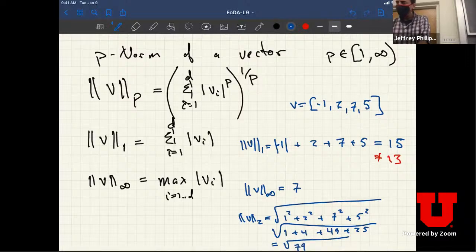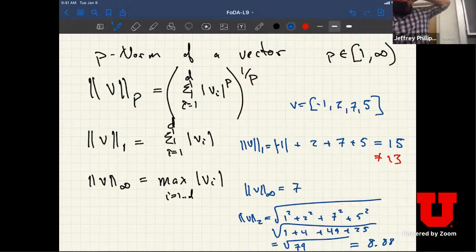And this is equal to about 8.88, I think. Okay, so that one you can calculate as well. This one is the one you use most often, and I'm probably not going to ask you to take a square root of 79 on a quiz or something, but this is the mechanics of how you would do this.